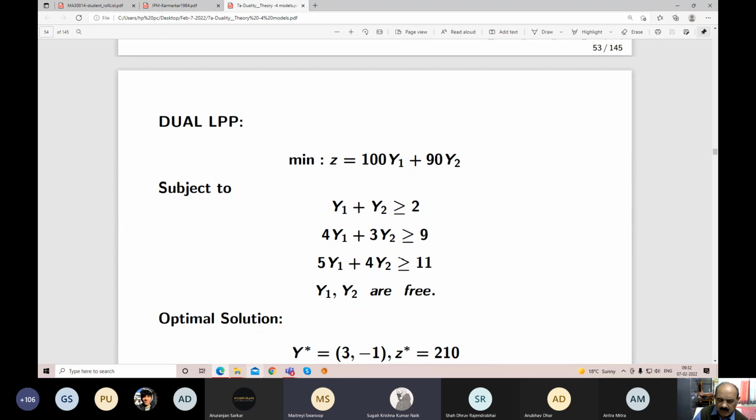I have a question. You said that we can reformulate, and the two variables become four variables. These four variables are not the dual variables. The dual variables are y1, y2.